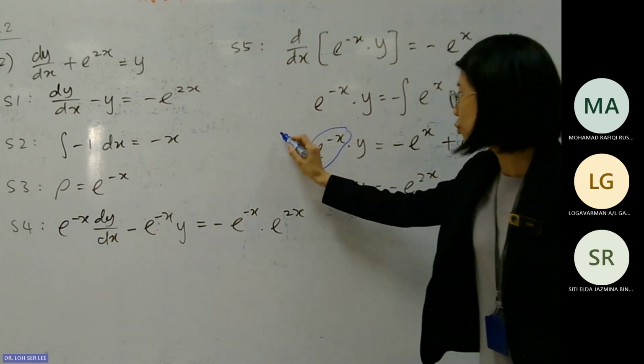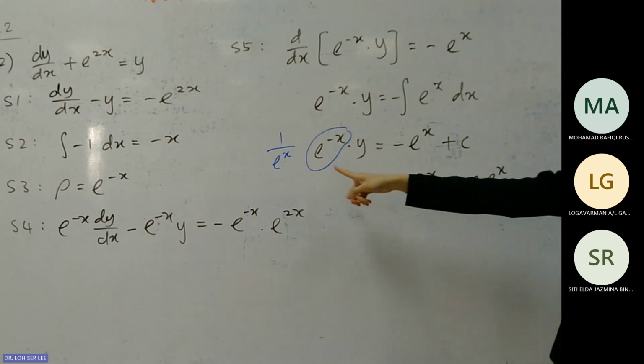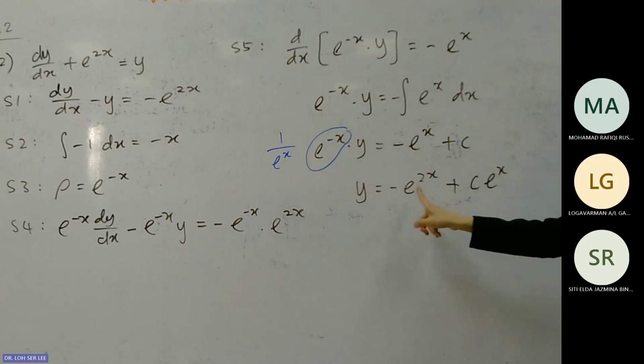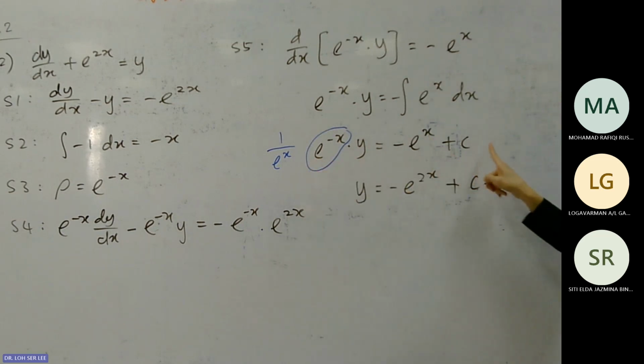This is 1 over e^x, right? 1 over e^x. So bring it up, you get this. Okay, bring it up, you get this. Okay, any questions?